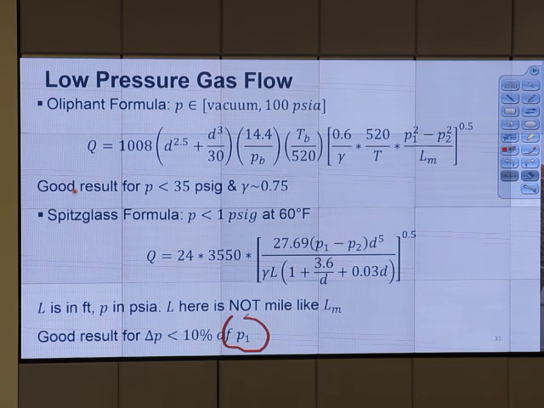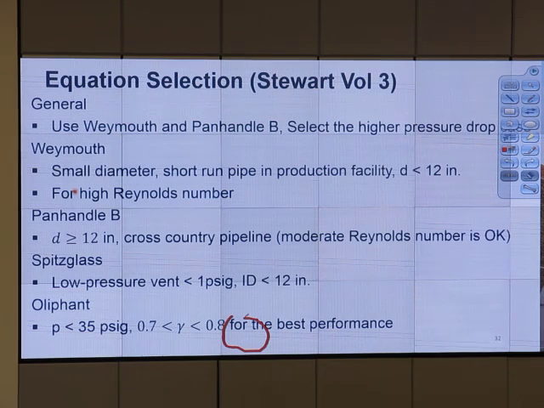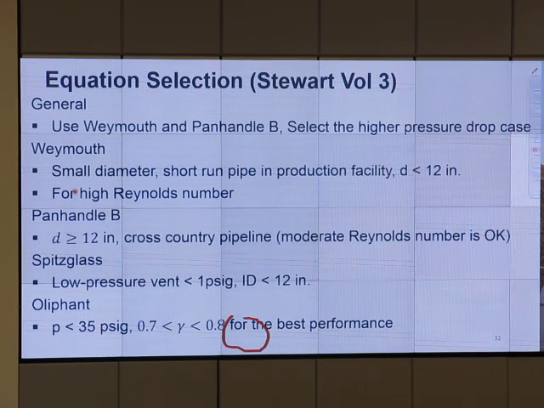So now you know Panhandle A, Panhandle B. You don't use Panhandle A, you use Panhandle B. If you have flow from facility to gas plant, just use Weymouth. Here's a recommendation. When you have 12 inch and below, Panhandle is also valid, Weymouth also valid, right?